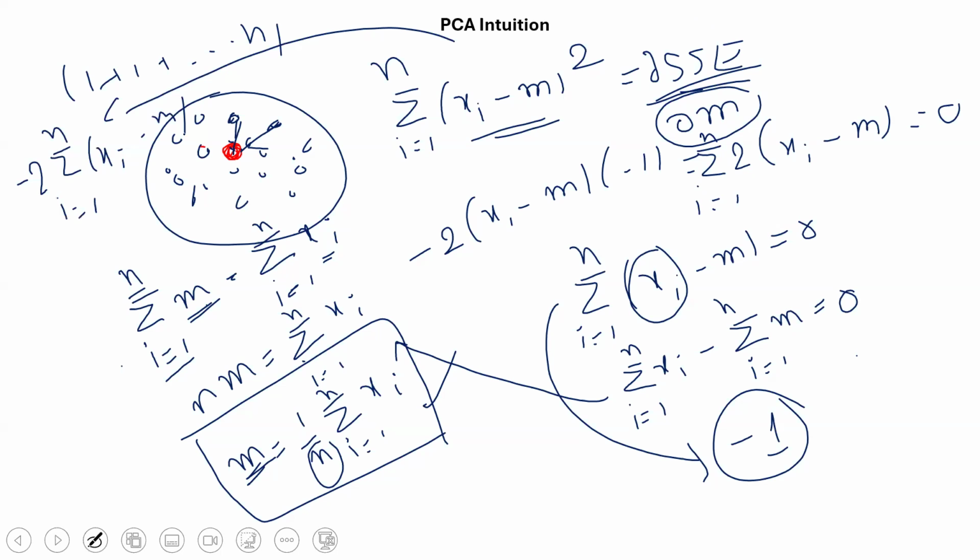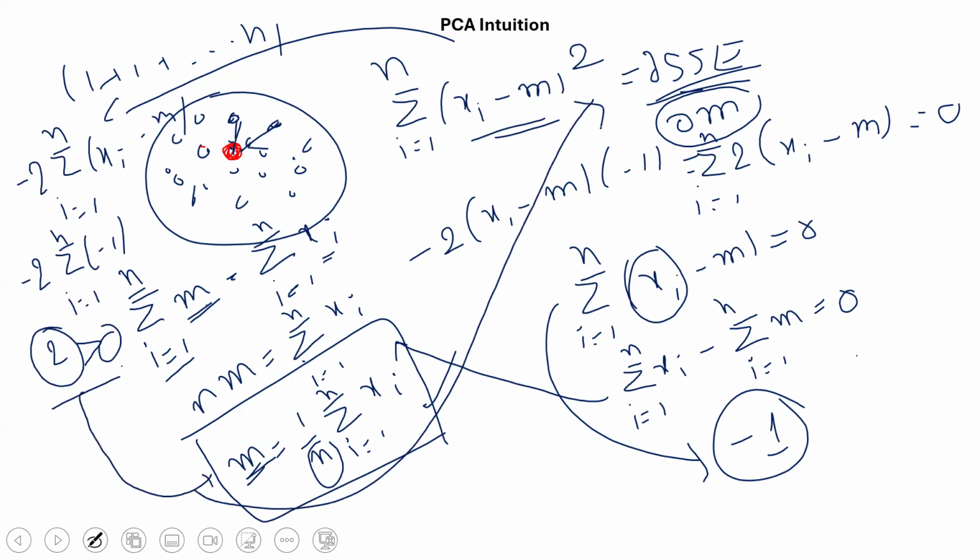That is our first derivative. When you do the second derivative, it becomes -2 into sigma i equal to 1 to n of -1, right? So that becomes +2, which is greater than 0. So at this value, we are minimizing the sum of square distances.